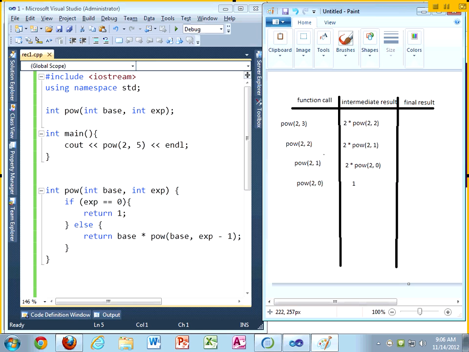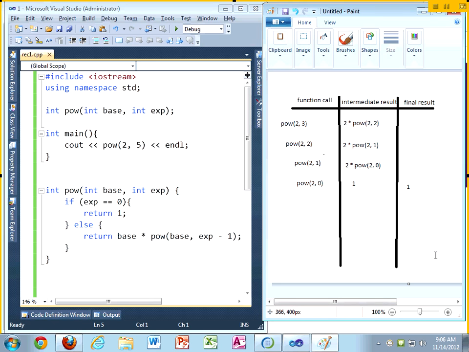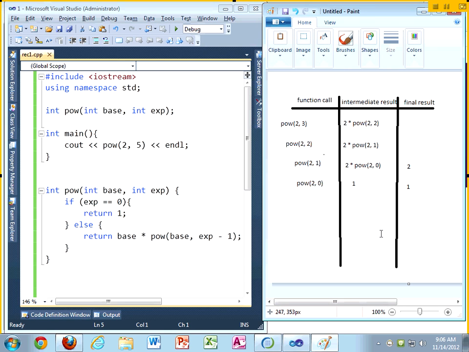So now the answer is just 1, and I know that my final result is 1. Right? But now I can start going back up the table, right? Now I can say, well, 2 times PAL of 2, 0, I just figured out that's 1. So 2 times 1, that's 2.